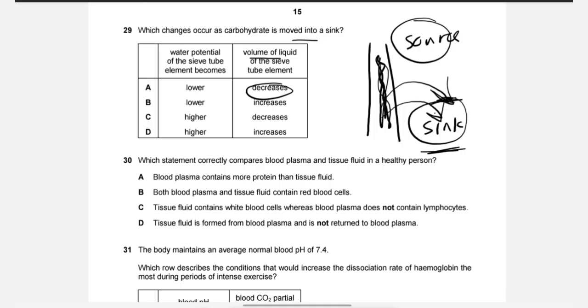So A and C, we are having an answer from either A or C. Now the water potential, because we have something like solids leaving the sieve tube element, the water potential is going to be high. Remember, the more the solids, the lower the water potential. So now we are having some of the carbohydrates moving out. That means less solids, and less solids means a higher water potential. So then C is our answer for 29.